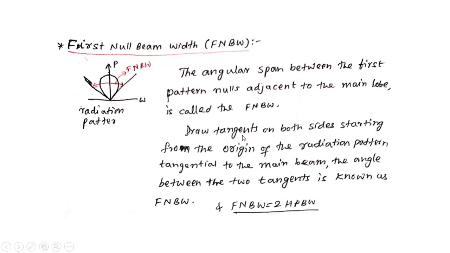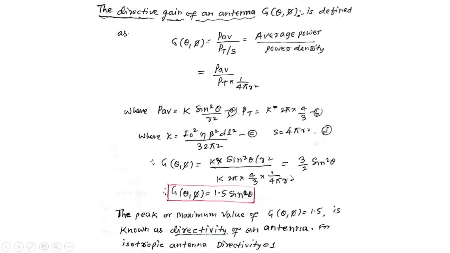By drawing tangents on both sides of the main lobe, starting from the origin of the radiation pattern, tangential to the main beam, the angle between the two tangents is known as first null beam width, and this is equal to 2 times half power beam width.